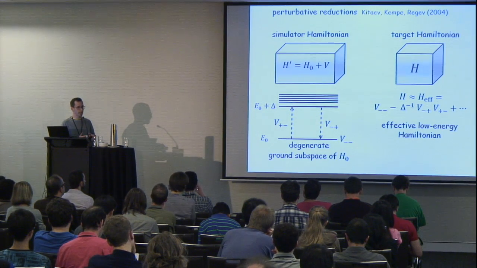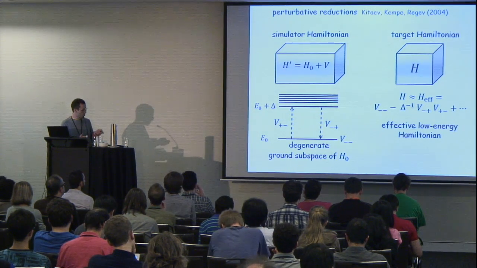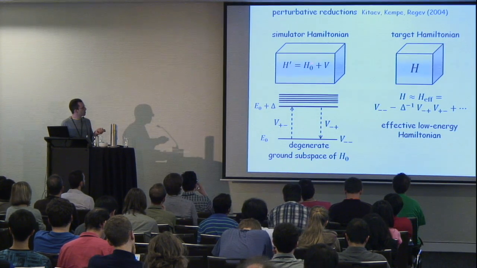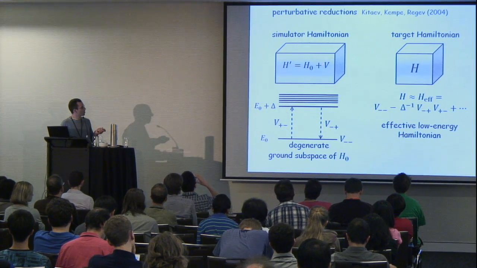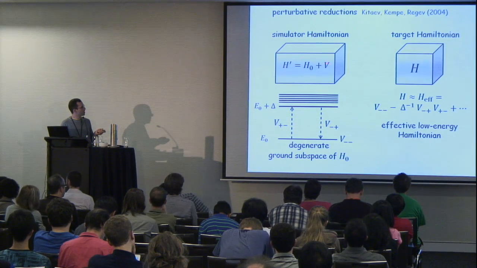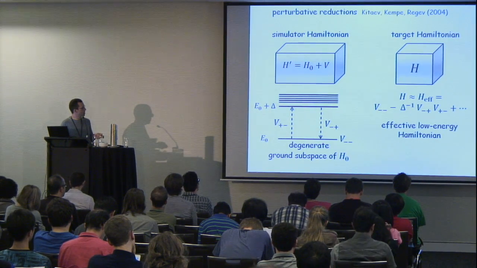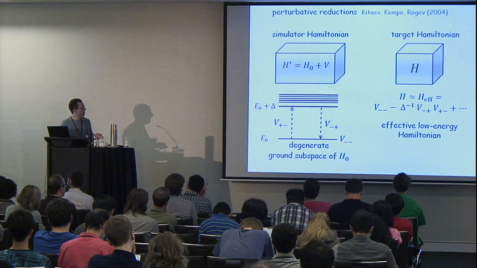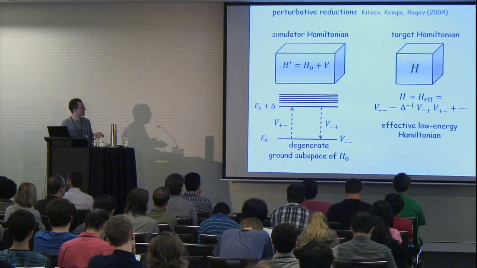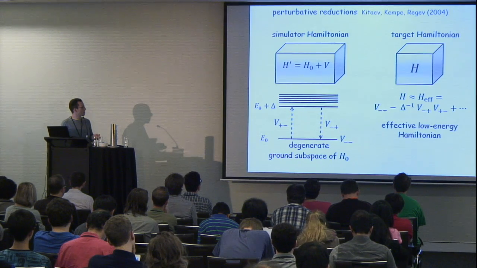The way this is done in practice is by using perturbation theory. The simulator Hamiltonian has two terms: a big term, and a small perturbation. The big term has some degenerate ground space, and you can think of the perturbation as exciting transitions to the higher excited states.